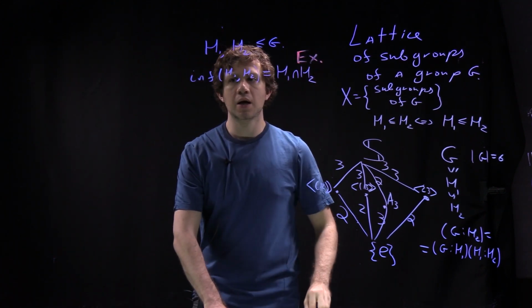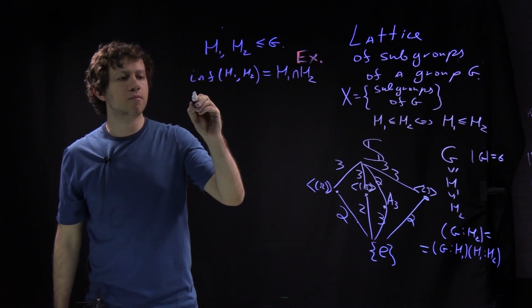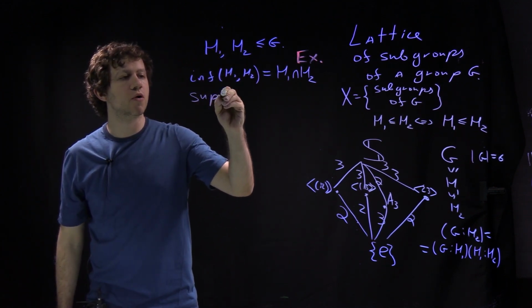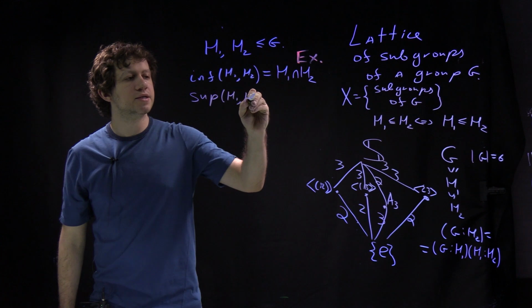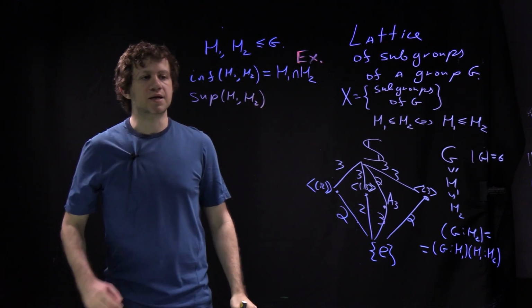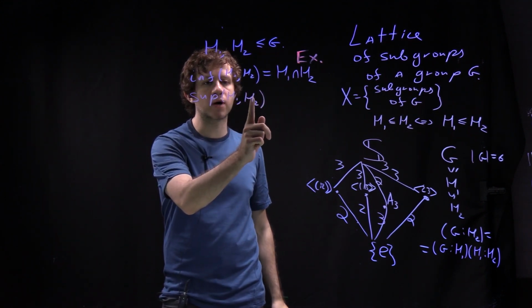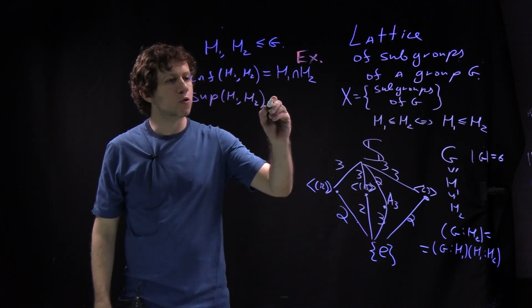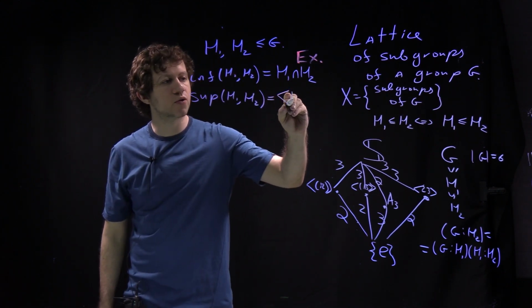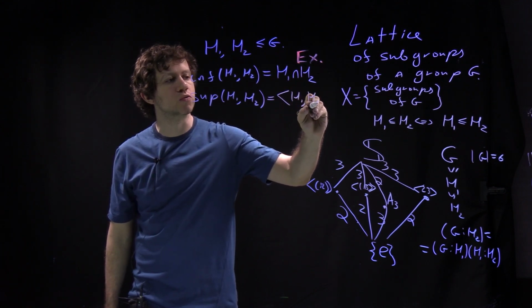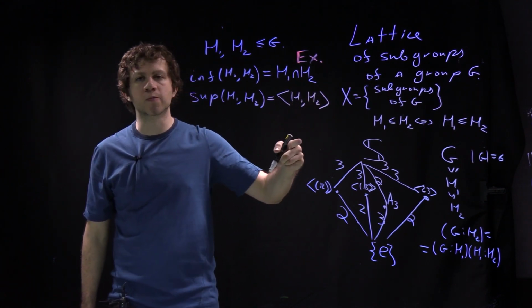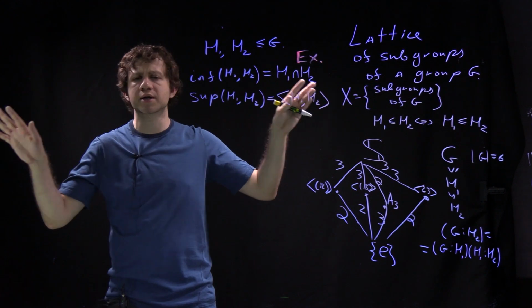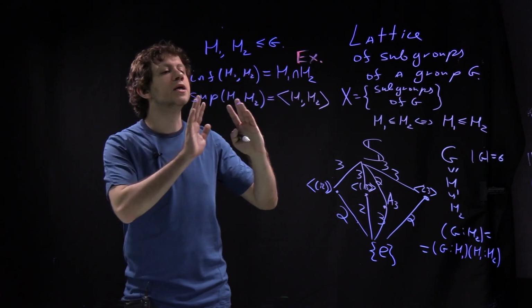It's a very simple exercise to check that it satisfies this property of infimum. And it's slightly more messy with the supremum of H1, H2, because this should be a subgroup containing H1, containing H2, and the smallest such. We have notation for this: it's called the subgroup generated by H1, H2. You just take all elements in H1, H2, take all their products in any order with inverses, and you get a subgroup.